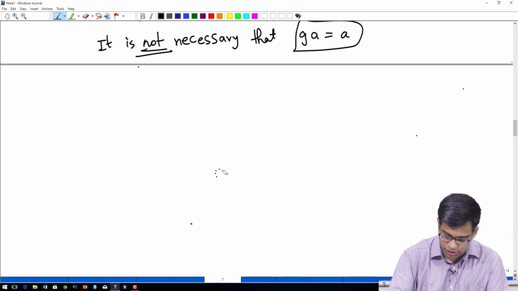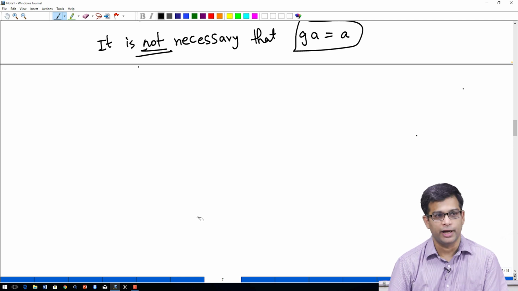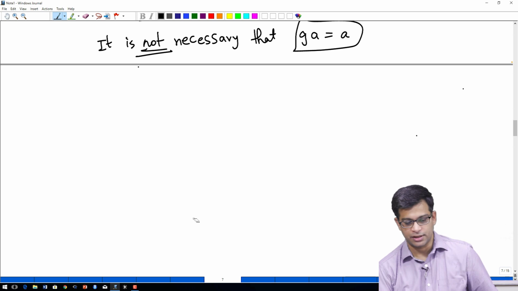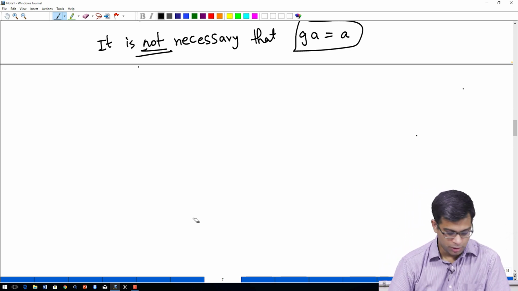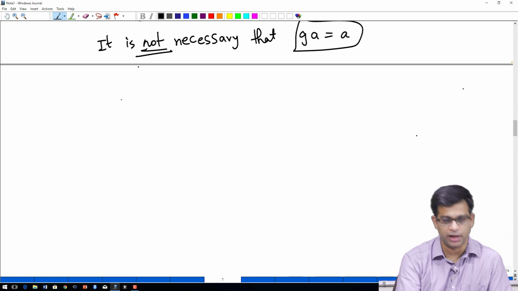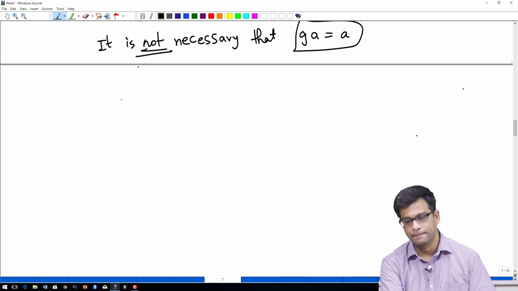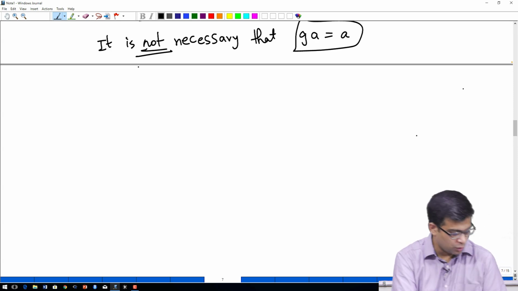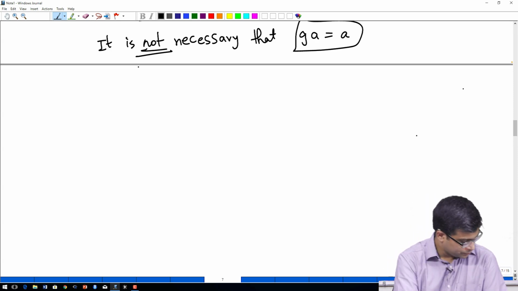So now let us go back to the general situation. G is a group acting on itself by left multiplication. Now we are in the general situation that G is a group acting on itself by left multiplication, and I have extended that action to subsets of G. Now let us look at the following situation.